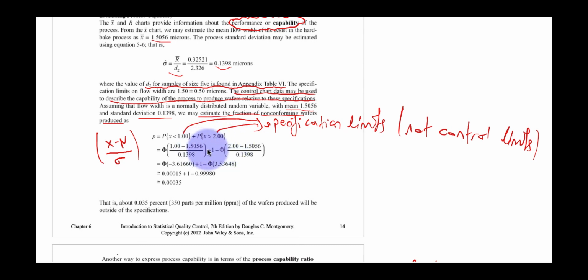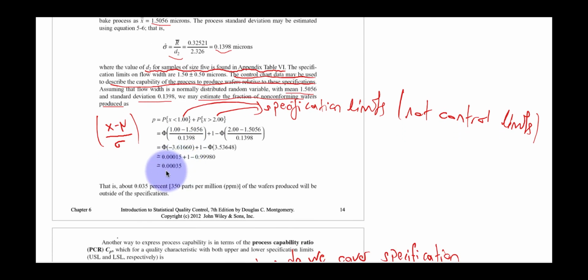And when we convert them into standard normal random variable, we can use the Z table. And finally, we calculate that per million products, we are going to have 350 non-conforming parts. This is estimated by using the estimation of standard deviation we have. Okay, and we used the control chart value to estimate this value.